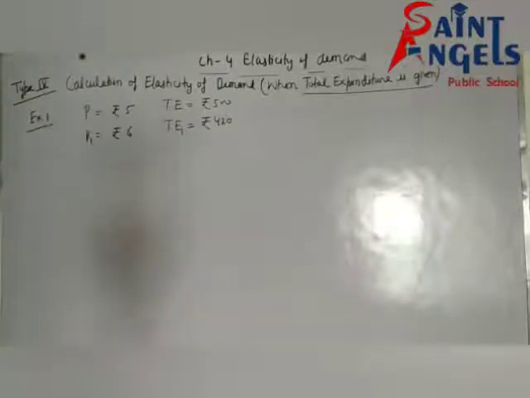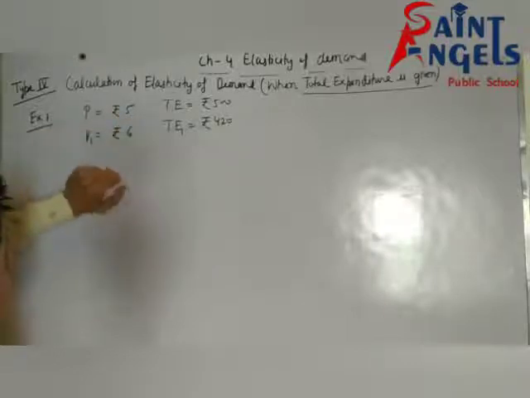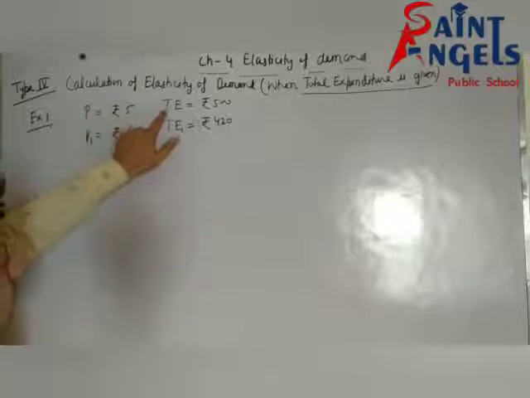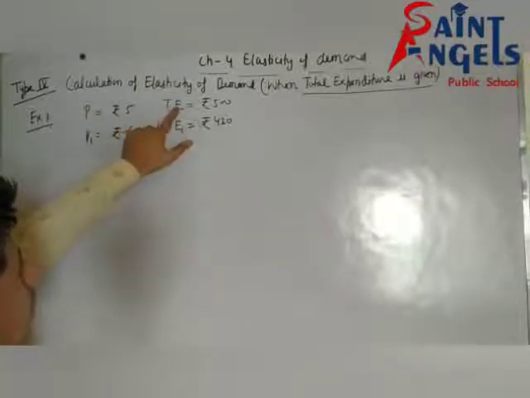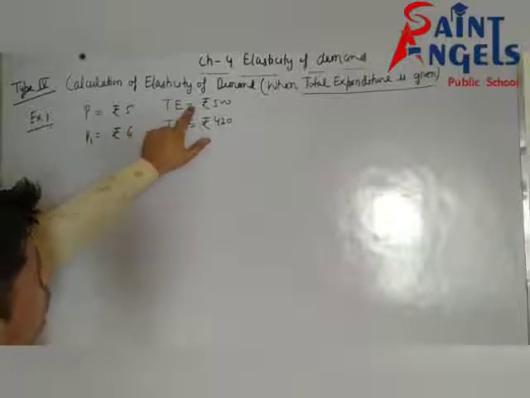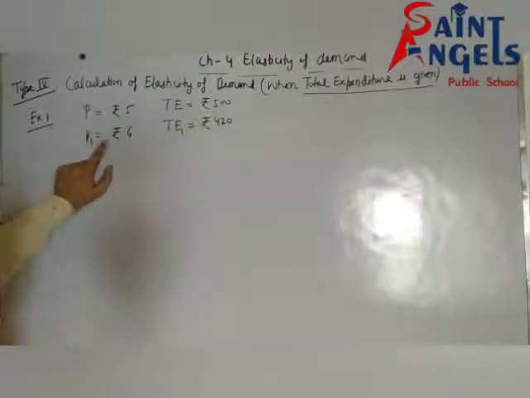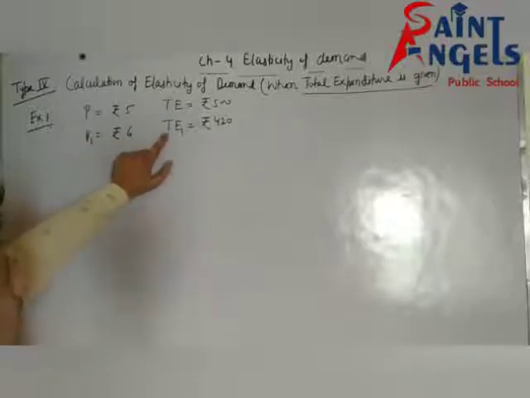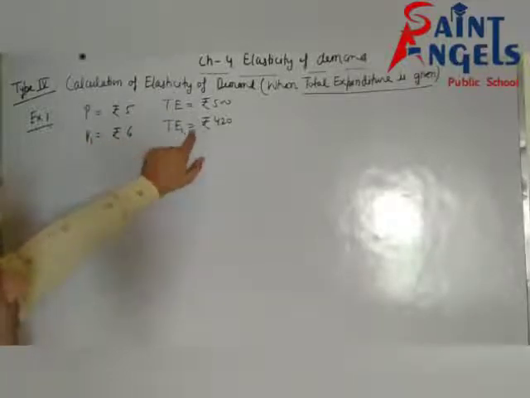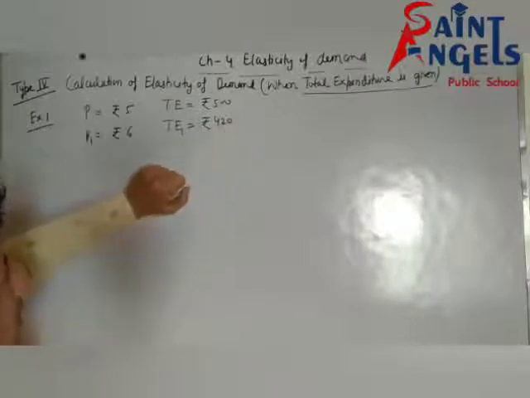See, example number 1. Initial price rupee 5, and according to initial price rupee 5, initial, or we can say old, total expenditure is rupee 500, and new price P1 is rupee 6, and new total expenditure is rupee 420.